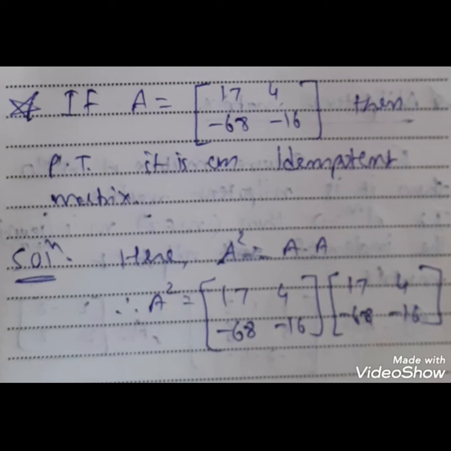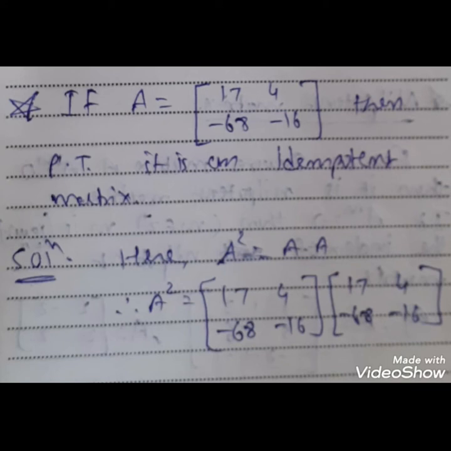To find A square, we take the multiplication of these two matrices. First row multiply with first column, then 17 into 17, that is 289, and minus 68 into 4, that is minus 272. 289 minus 272 is the first element, that is 17.